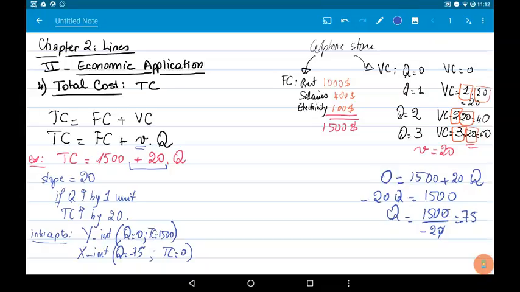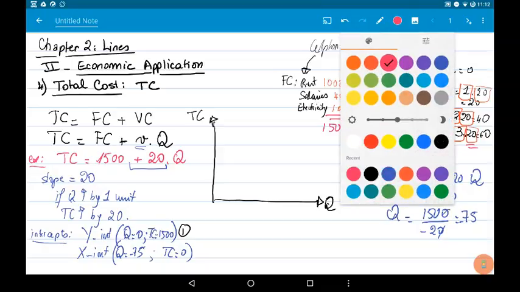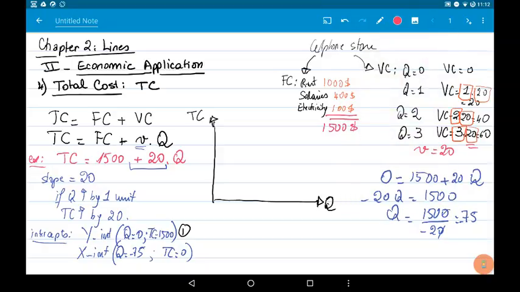Okay, finally, let's graph this total cost function. This is the x-axis. This is the y-axis, total cost. This is the first point. And this is the second point.